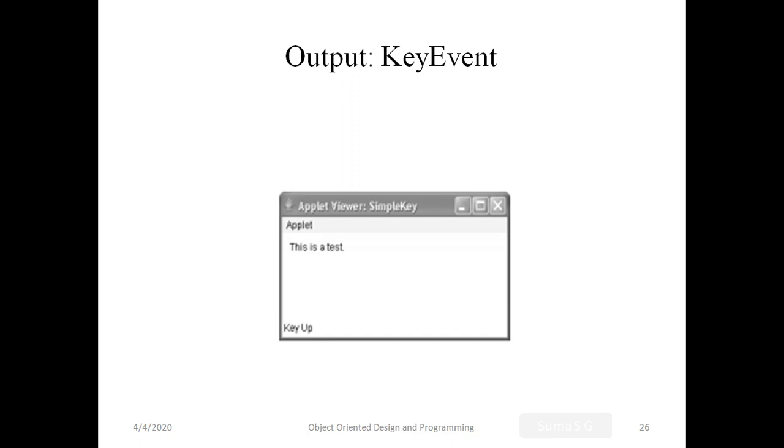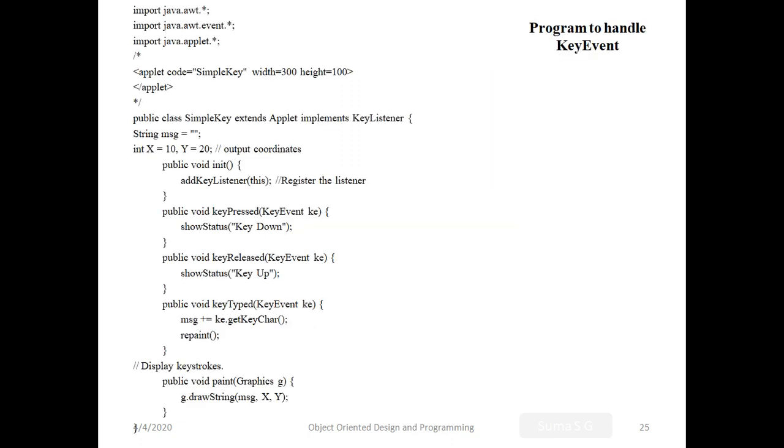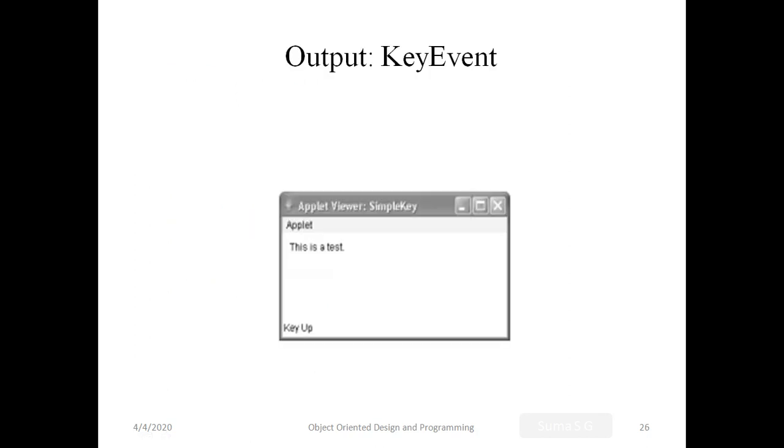Since after pressing I'm releasing the key, the final output in the status bar is key up. So key up was set here when the key is released. And finally, it is also displaying the characters that were pressed on the keyboard.